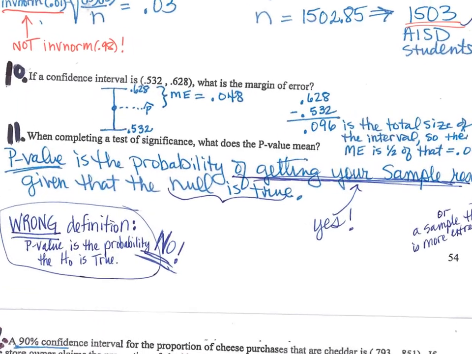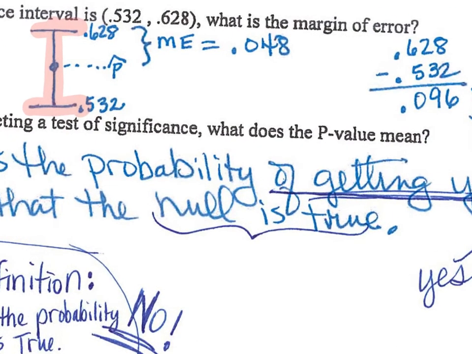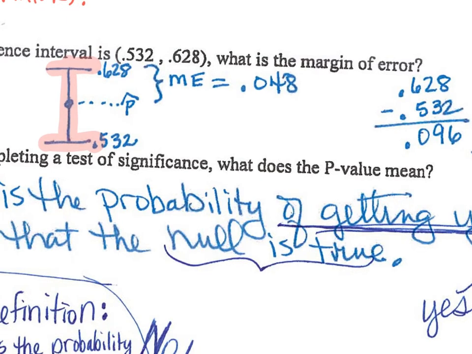Number 10 was a very simple problem if you understand the anatomy of an interval. An interval has a lower bound of 0.532 and an upper bound of 0.628. P hat would be smack dab in the middle. What is P hat? Good, that's the sample proportion you got.